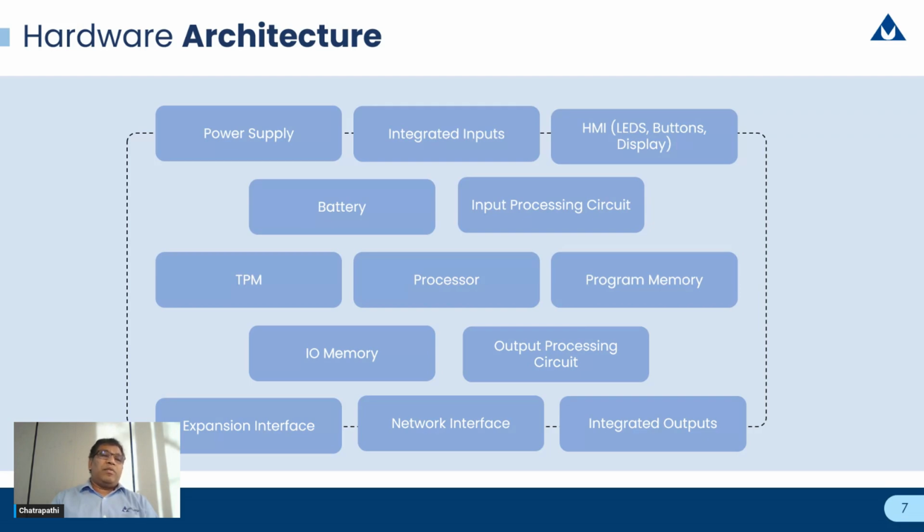And in terms of costing, processing capabilities, and whether it should have fixed IOs or flexible IOs. If it is modular, then what is the expansion interface or whatever the backplane communication that should be there. So from all these aspects, the overall architecture completely varies from product to product, implementation to implementation.